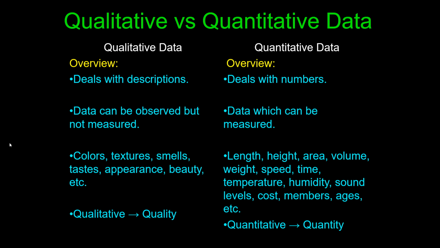So it's things that can be measured. You're going to be looking at things like length, height, area, volume, weight, speed, time, temperature, and so on, all of those things. So quantitative is quantity.